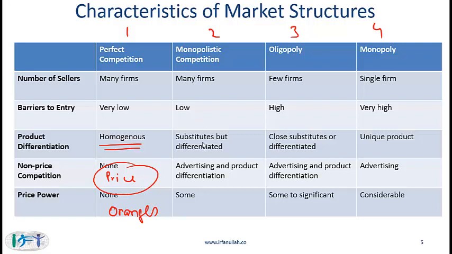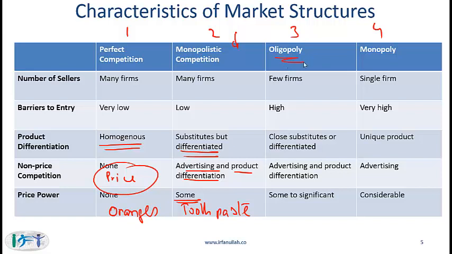In other words, they are somewhat similar, but they are also differentiated. In terms of non-price competition, firms advertise and they try to establish certain differences related to their product. So we can say that firms over here follow a product differentiation strategy and there is some pricing power.